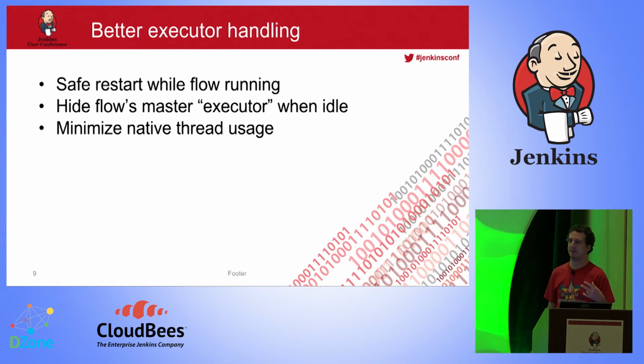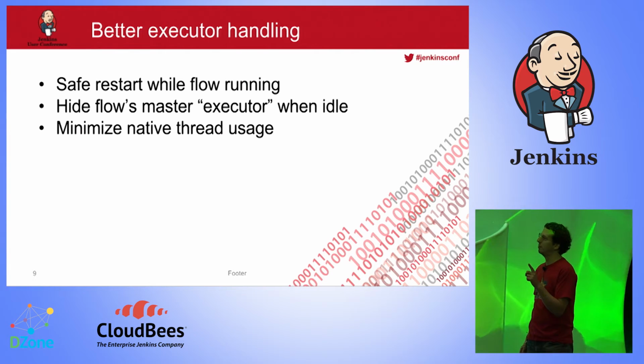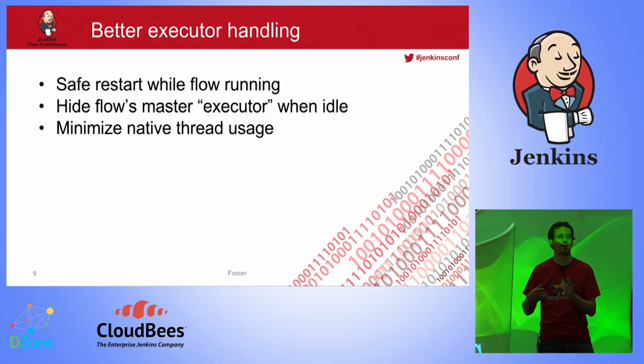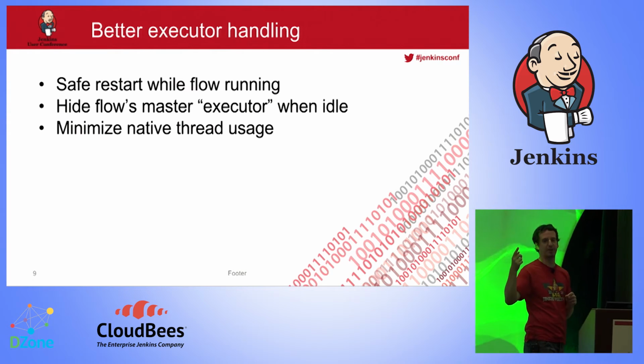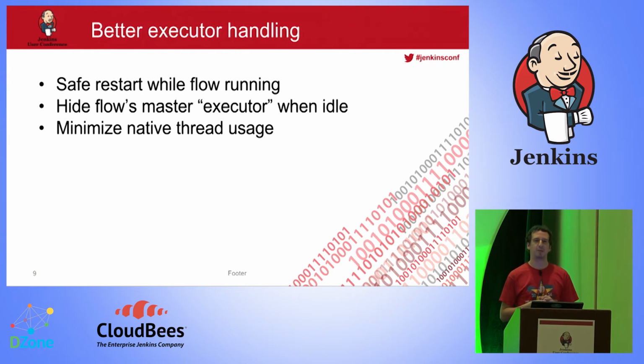So one thing you want to be able to do is restart while a workflow is running without losing state. Using the newest version, if you go to safe restart in Jenkins, so if you ask to update a plugin and restart when Jenkins is idle, that will now restart as soon as all of the traditional jobs have finished. But if some workflow jobs are running, it'll just go ahead and restart immediately. So you don't have to wait for those to finish.